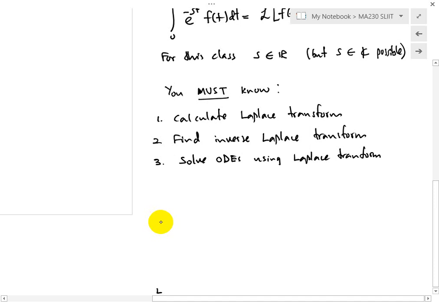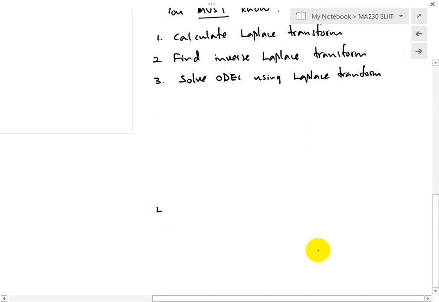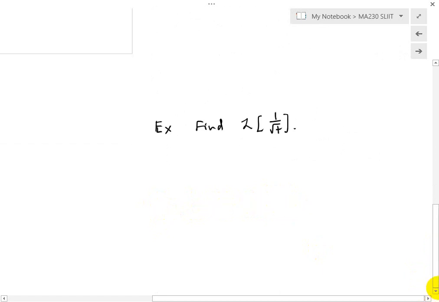So our exercise is to do this calculation. Now this is just an integral, right? So the Laplace transform of 1 over root t. So integrate from 0 to infinity.